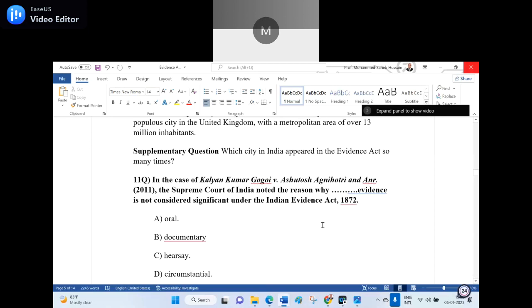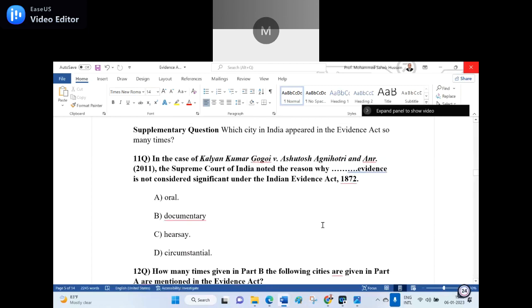Number 1, A, oral, B, documentary, C, hearsay, D, circumstantial. Which one is the appropriate dash evidence? Hearsay. Option C, hearsay evidence. Option C is appropriate because last time I gave only hearsay evidence but asked the case law name. Now I changed it. So Kalyan Kumar Gogoi versus Ashutosh Agnihotri, hearsay evidence is the right answer.